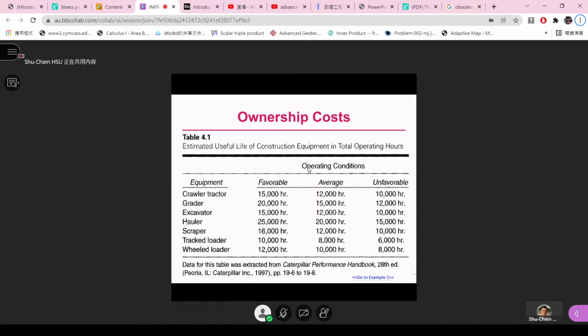And then for the grader, it will be on average like 50,000 hours. Excavator, 12,000 hours. Hauler, scraper, track loader, wheel loader. So you can see that different kinds of equipment also have different useful lives. All right, so this is very important information that you need to get.